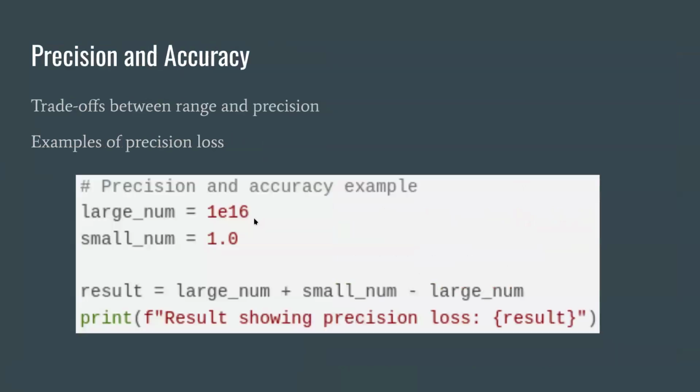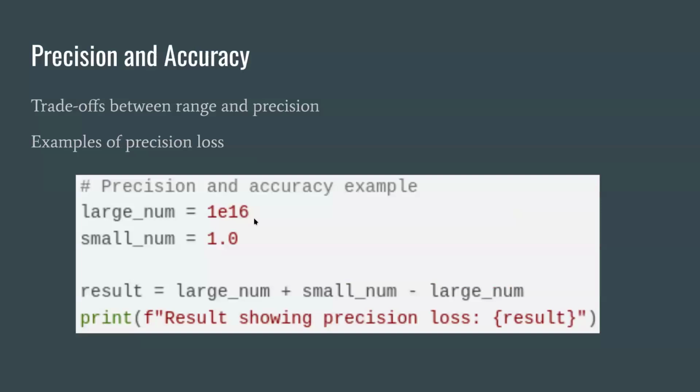Precision and accuracy. Floating point representation involves trade-offs between range and precision. For example, adding a very small number to a very large number may result in no change due to precision limitations imposed by IEEE 754 floating point numbers.